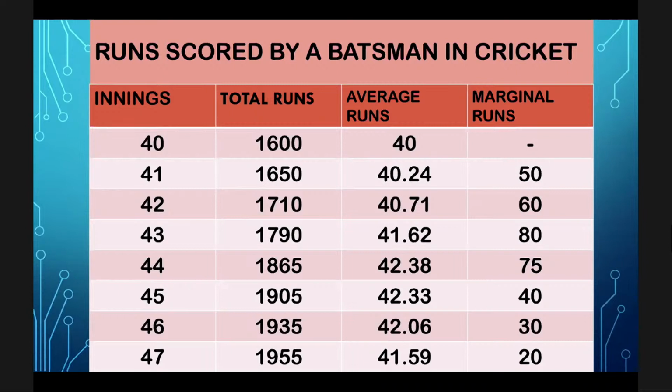In the left-hand side corner, we have written innings. The second column is total runs scored by the batsman. The third column is average run. And the fourth column is the marginal runs. I'm just considering the table with me because it's not visible on the screen.